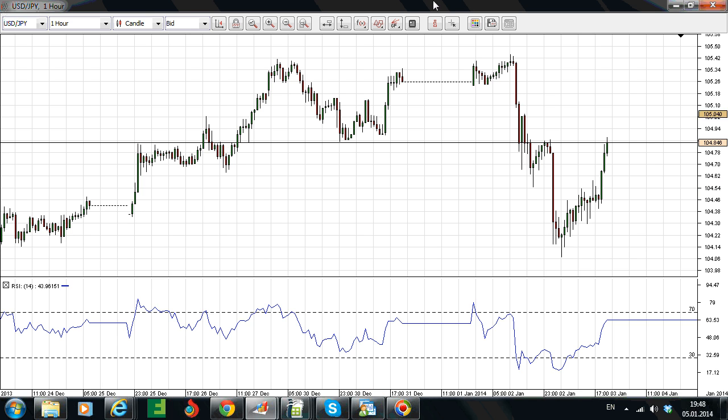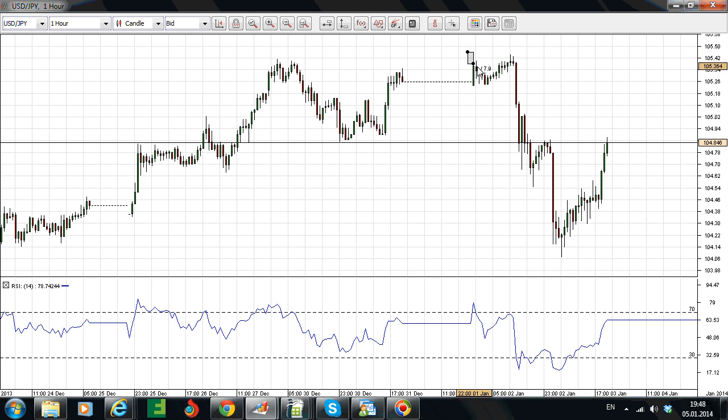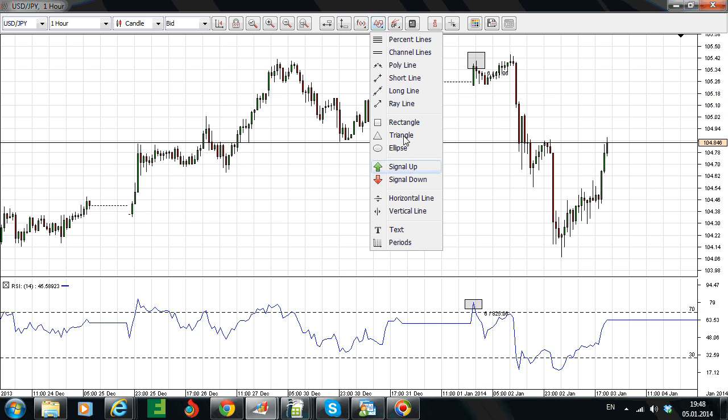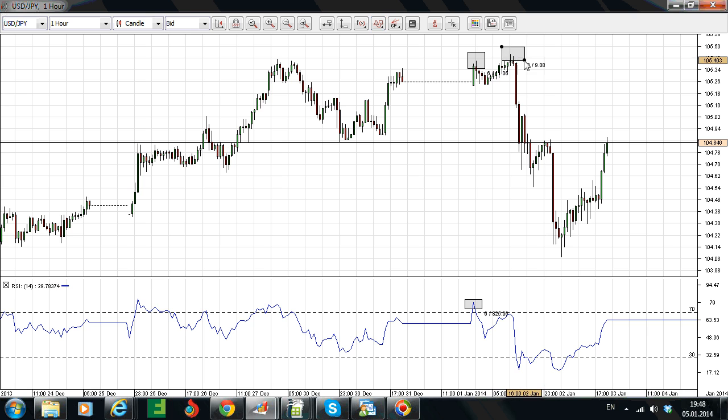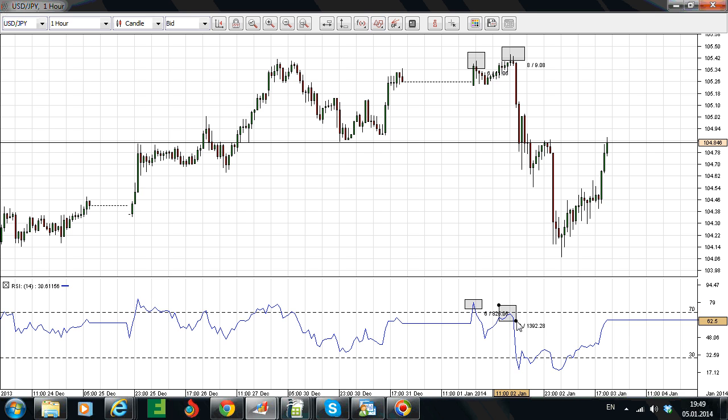What is a divergence? Well, a divergence calls for price making a high here, oscillator making a high here, price moving and making another high, as you can see here. So you have two different highs, but the oscillator, attention here, fails to confirm the high. The oscillator is not making the new high.